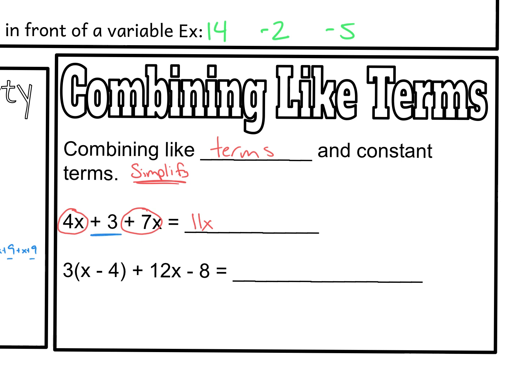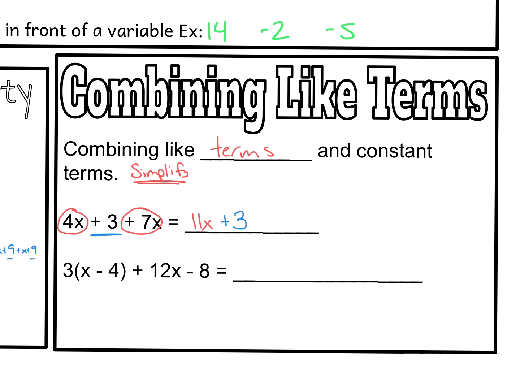There are no other constant terms, so this simply becomes plus 3. That would be simplified because at this point we can't combine the 11x plus 3, because we would have to do 11 times x first before we can add it to 3. Why don't you pause the video and try this next one on your own and just see how you do.